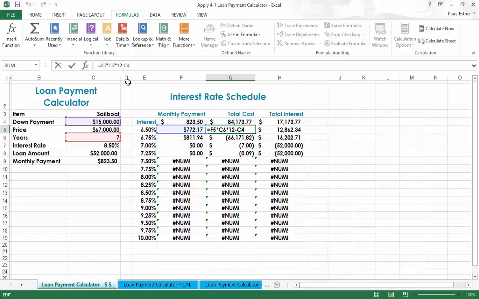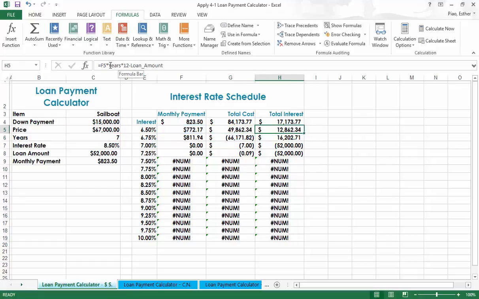F5 is okay. It needs to be shifted because when we calculate line by line, the monthly payment should differ by line. And C6, what is C6? It's the number of years, so it should not be changed. C4, what is C4? C4 is the down payment. It should not be changed, so we'll put a dollar sign.